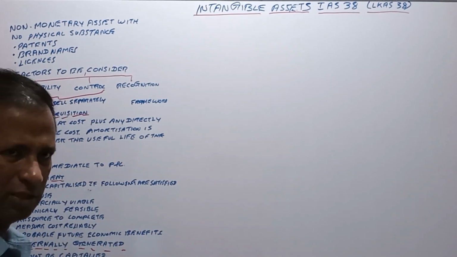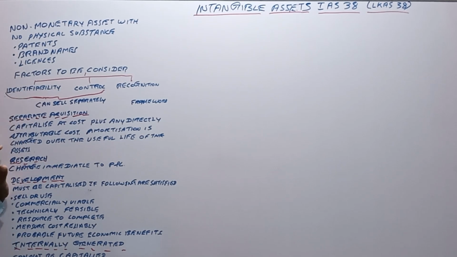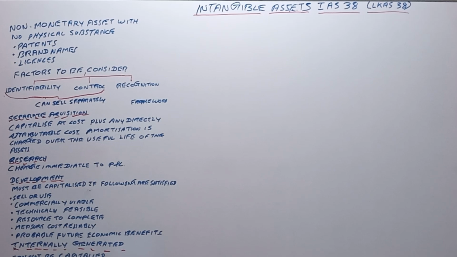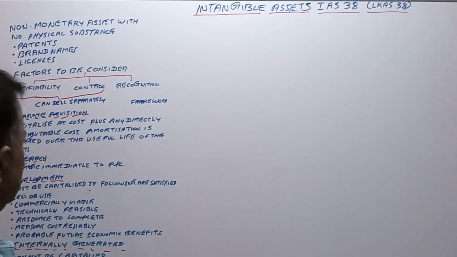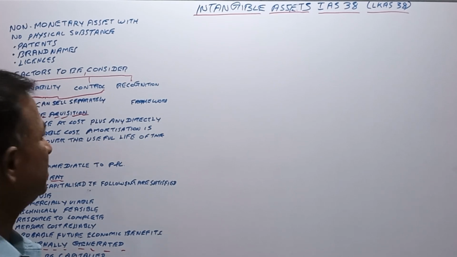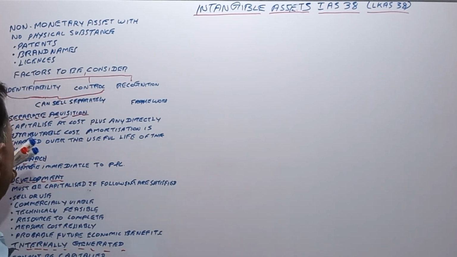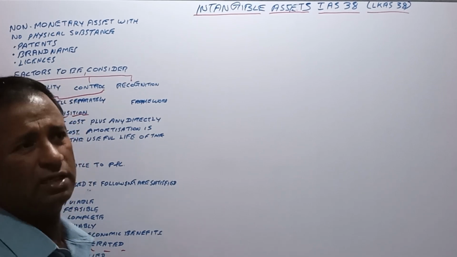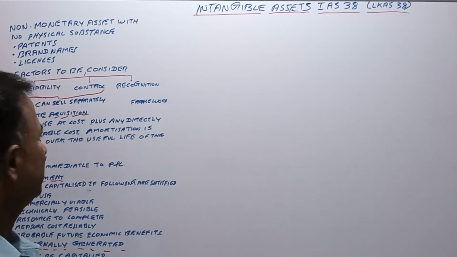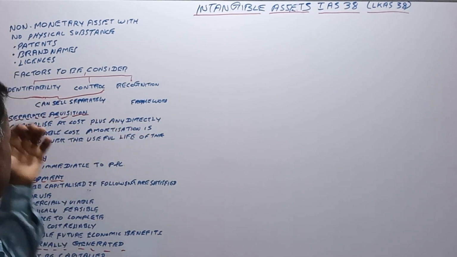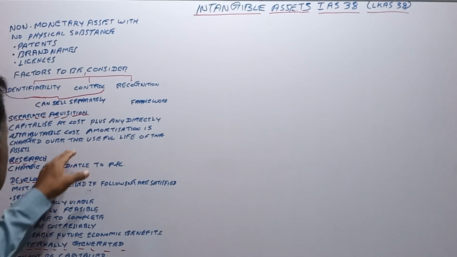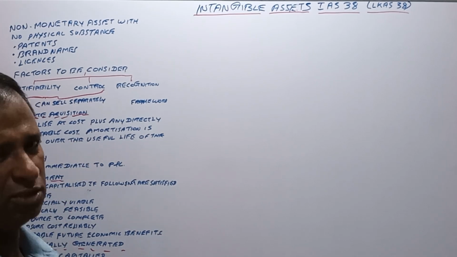Capitalization cost means you can capitalize the purchase cost and any non-refundable taxes, etc. Directly attributable costs are license and legal fees, etc. Now, research and development expenses.